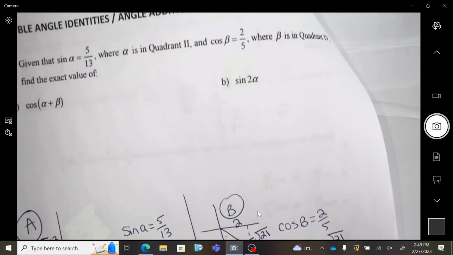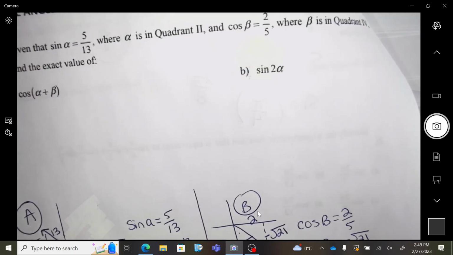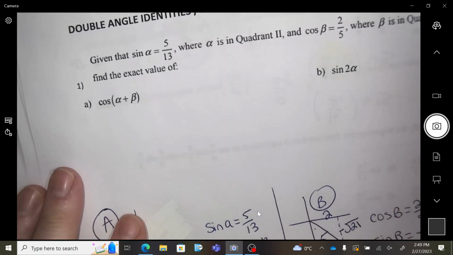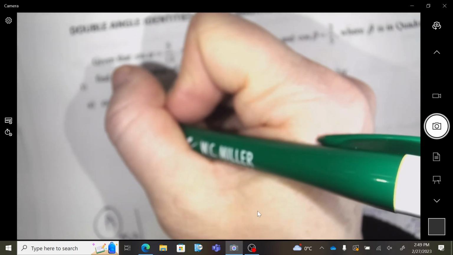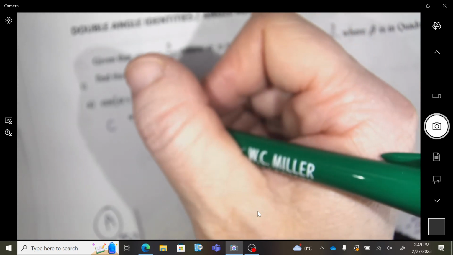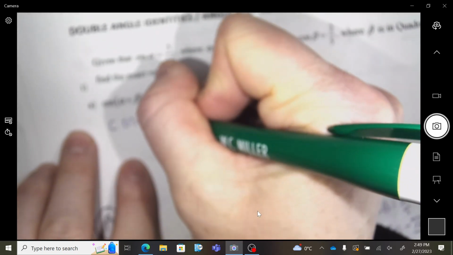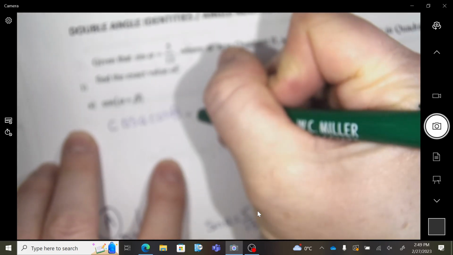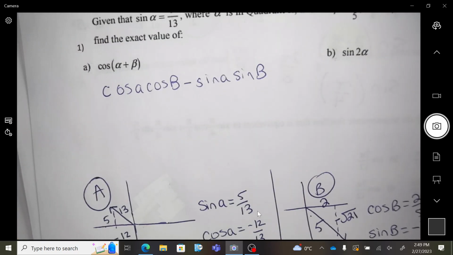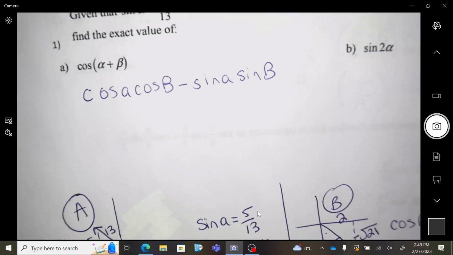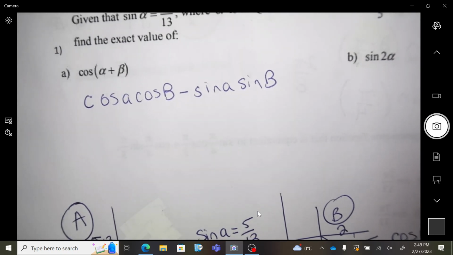Okay, that's all the work. Now it's just formulas plug in. Okay, so grab your formula sheet, figure out what you want to use. Okay, so your formula should say cos, cos, minus, sine, sine, like one of those.